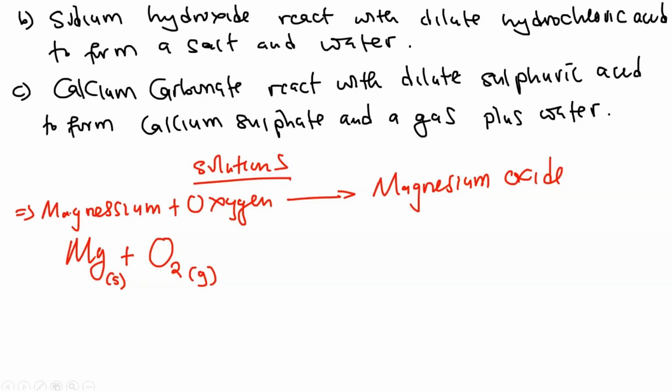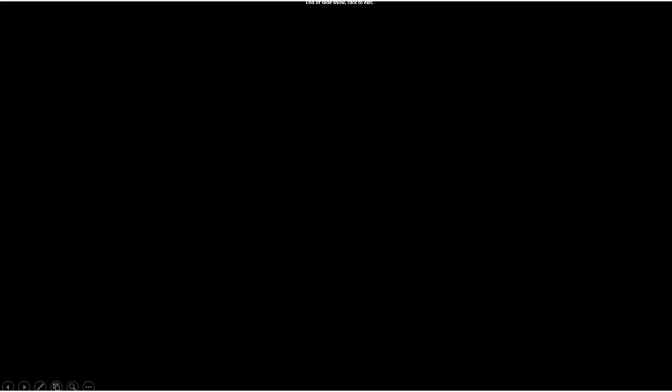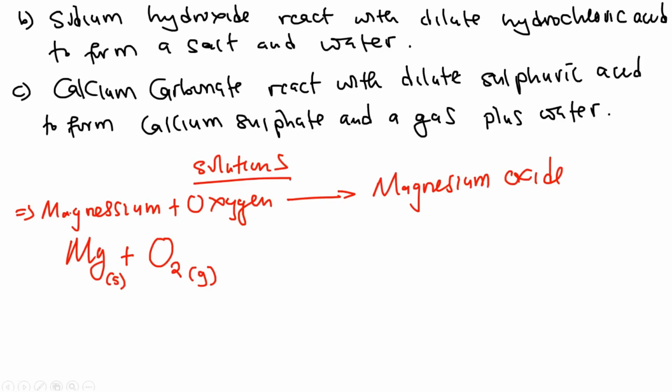So what is going to form? To form, what is going to form? Magnesium oxide. Now this is the chemical formula in words. How are we going to write it in terms of symbols? We've learned about chemical formula. So magnesium oxide, how do we write it?